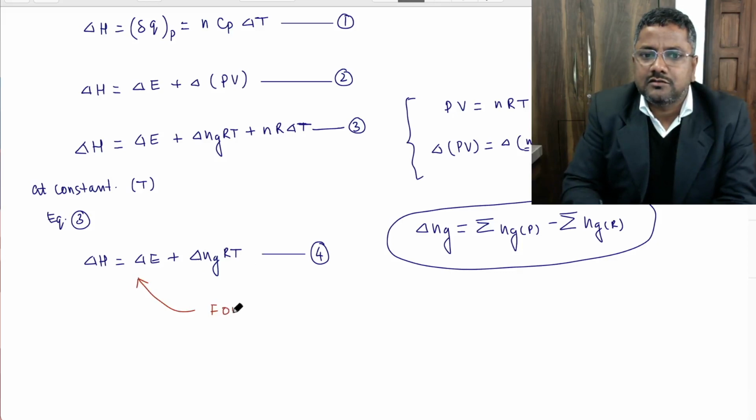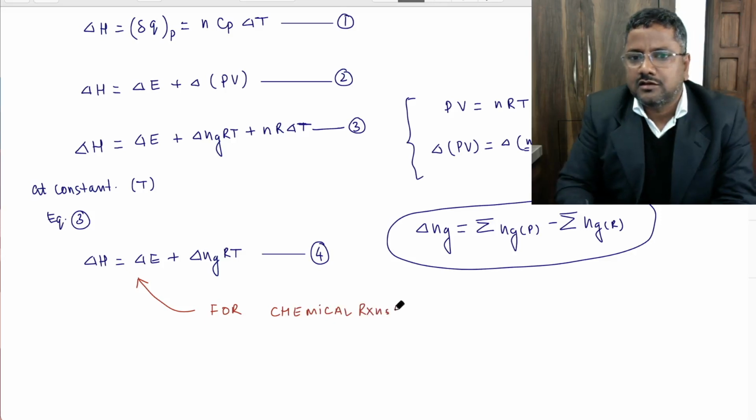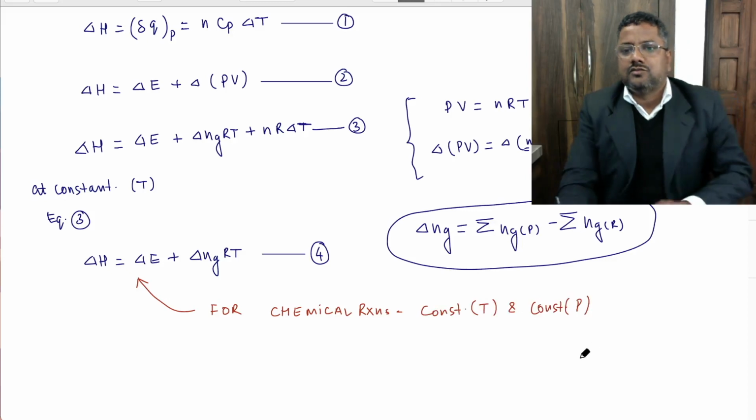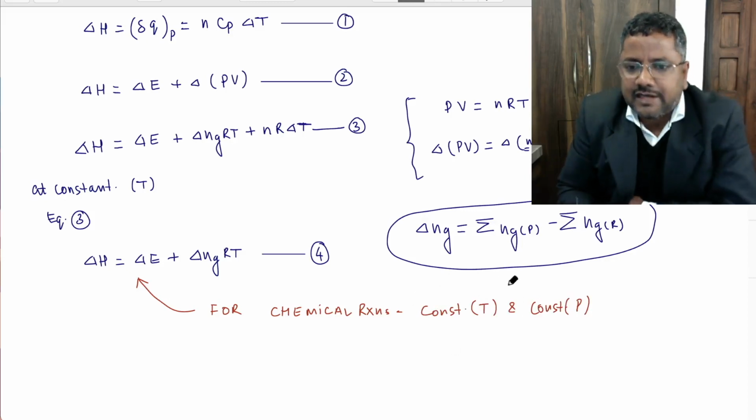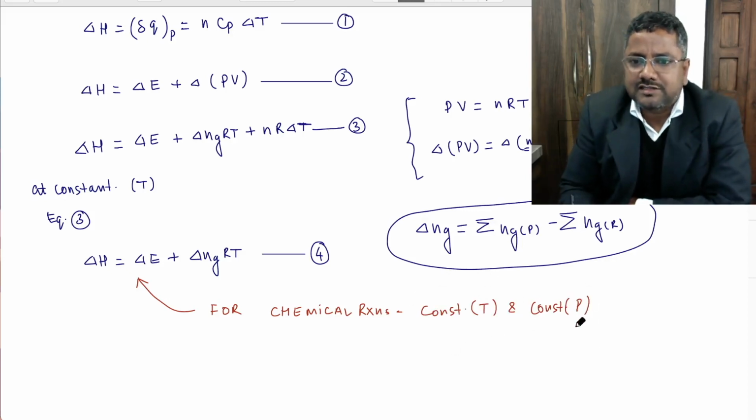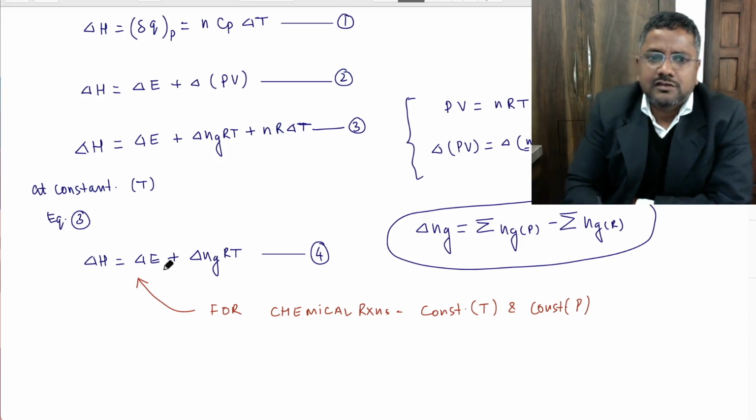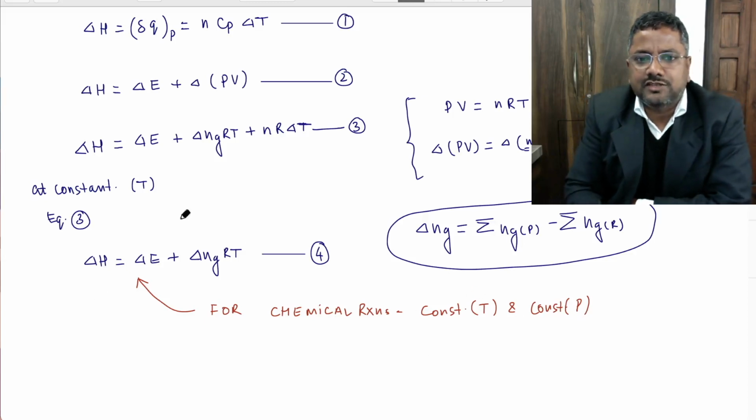For chemical reactions, the default condition is constant T and constant P. So chemical reactions are generally carried out under constant temperature and constant pressure conditions, and you can use this equation for any chemical reaction.